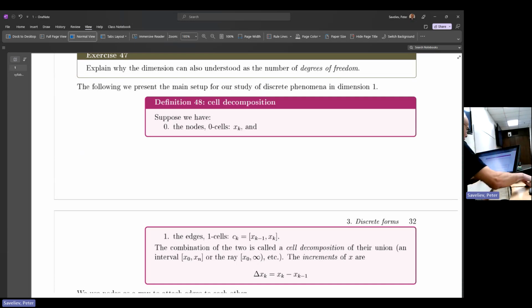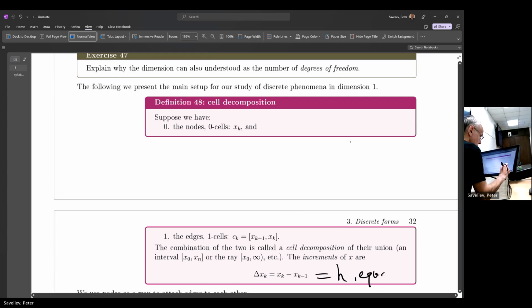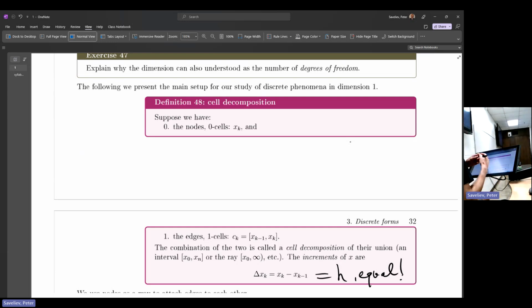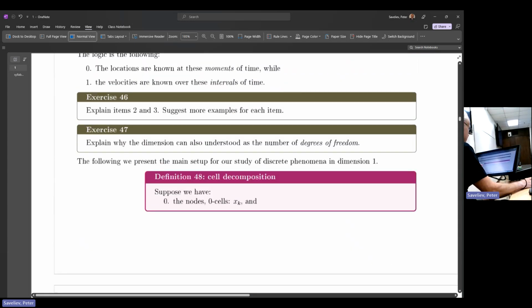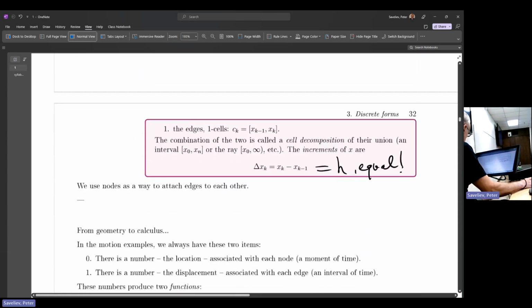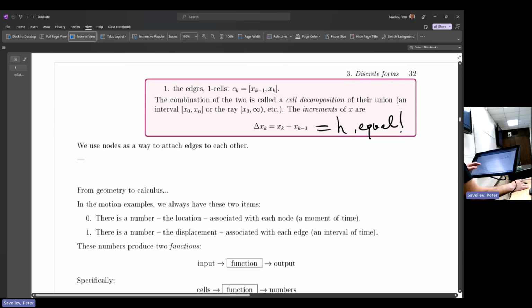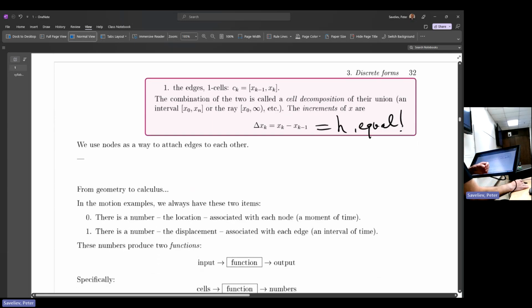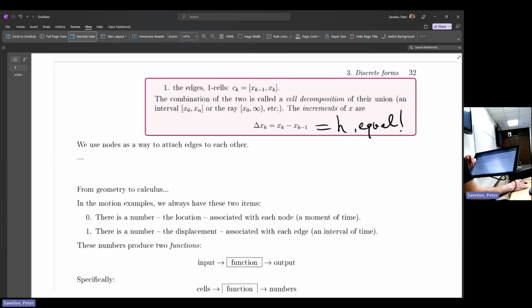Just to keep it simple, h is equal, and otherwise you can start at any point. The easiest way is if every interval is one, that certainly makes life way easier. So there's a number, the location, associated with each node, moment of time, and there's also a number, the displacement, associated with each edge.